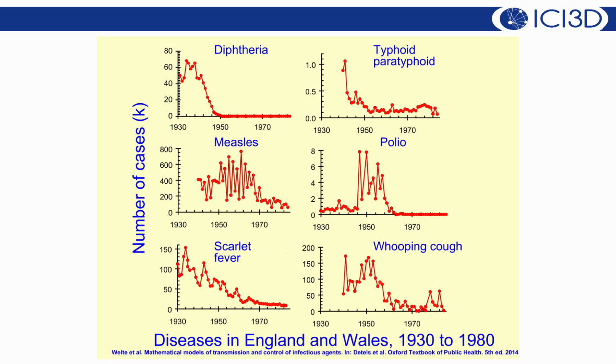And here we see 8 diseases, and it's quite possible that some of you have not even heard of some of these diseases, and if you have heard of them, you perhaps have never met anybody who's ever suffered from any of these, or at least some of them. And yet they were, some of them in the past, very, very serious problems.